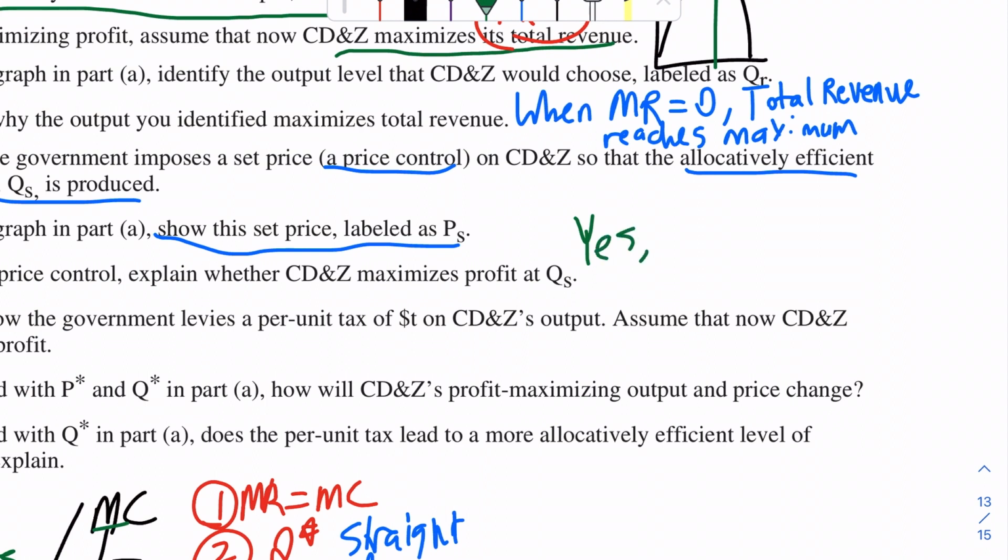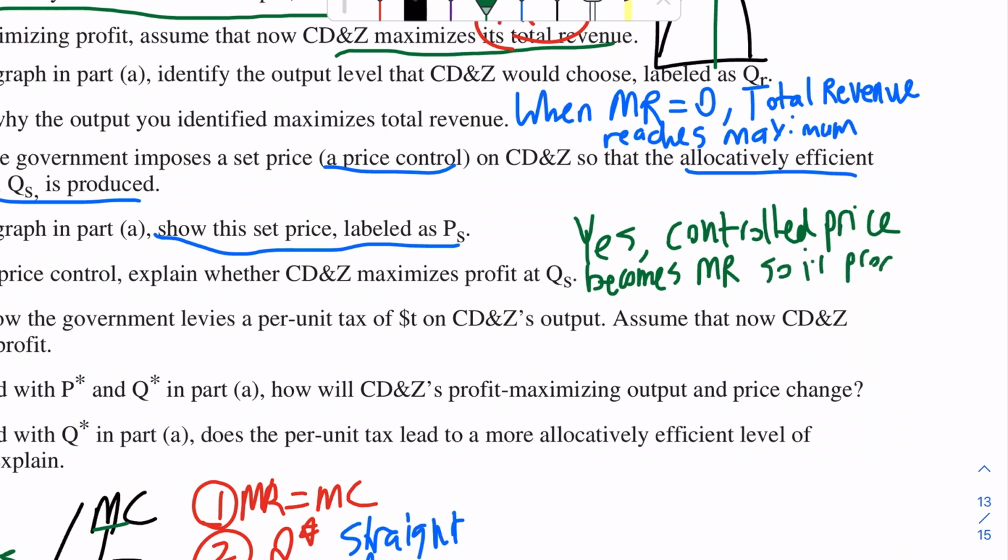And the reason is because the controlled price becomes marginal revenue, so it produces where MR equals MC. Okay.